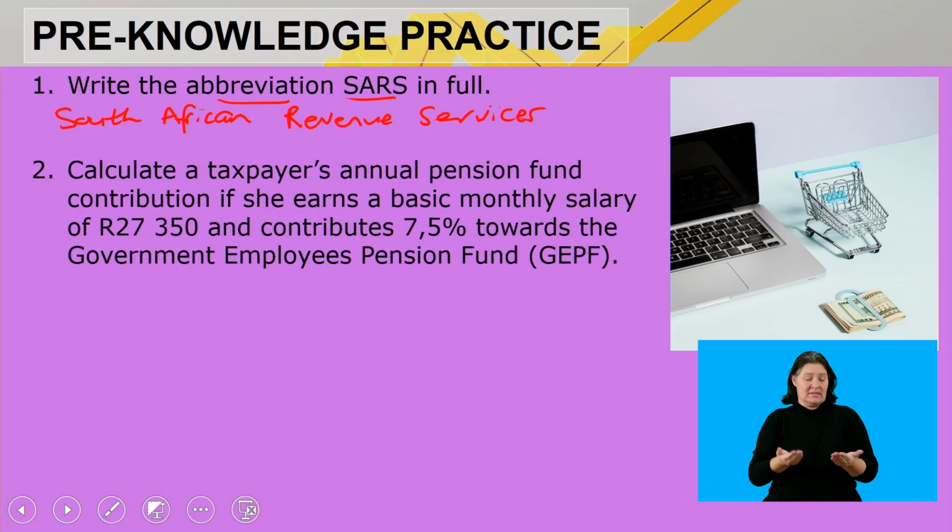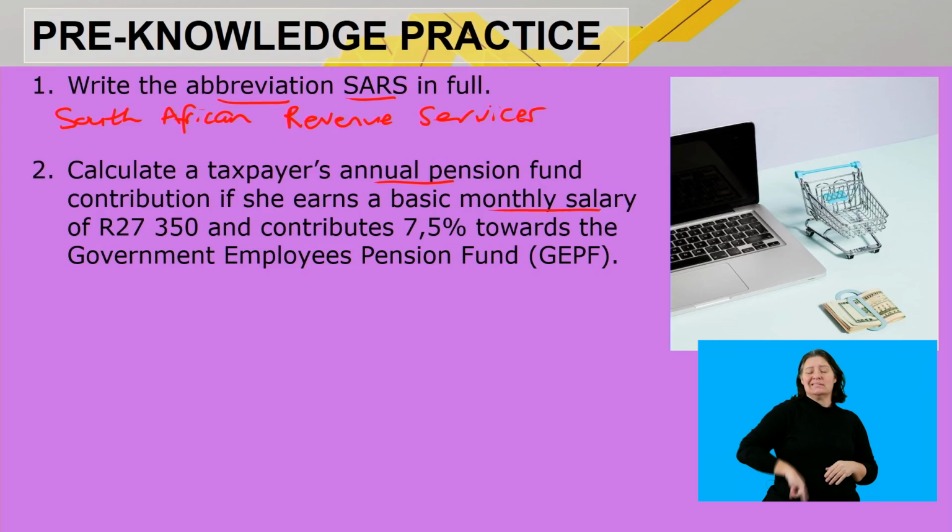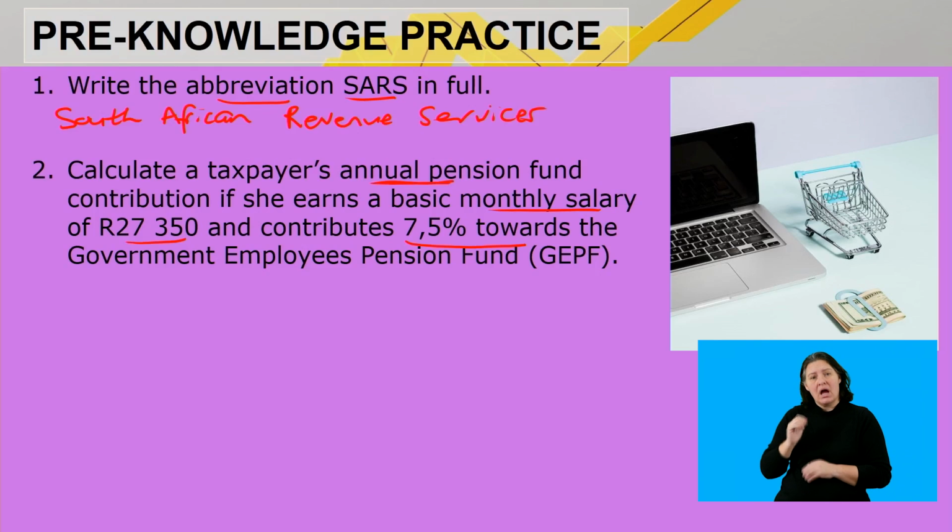Question number 2. Calculate a taxpayer's annual pension fund contribution if she earns a basic monthly salary of 27,350 Rand and contributes 7.5% to the government employees pension fund. Right, so it's basic income, 27,350 Rand. All right, remember now, this is a monthly salary, but we would like to know the annual pension fund.